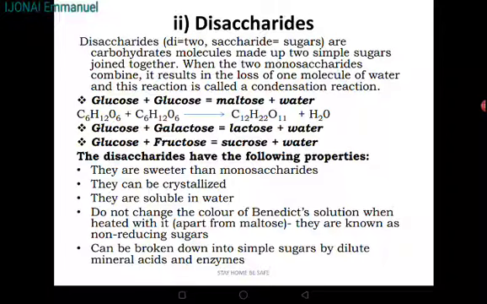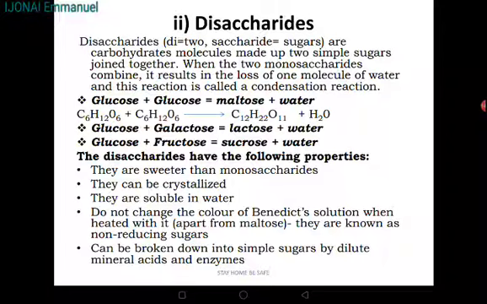So it's only maltose among the disaccharides that is a reducing sugar. The rest are non-reducing sugars. They are not capable of reducing copper 2 from Benedict solution to copper 1. It cannot happen. They cannot do that, apart from maltose.